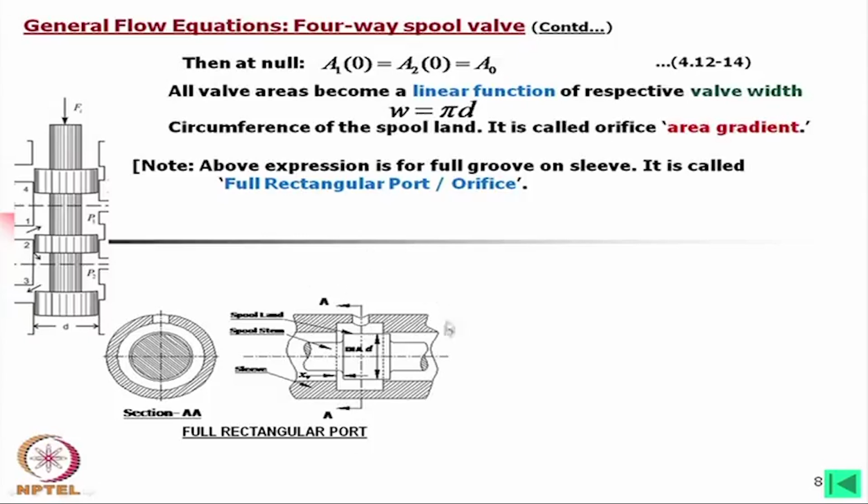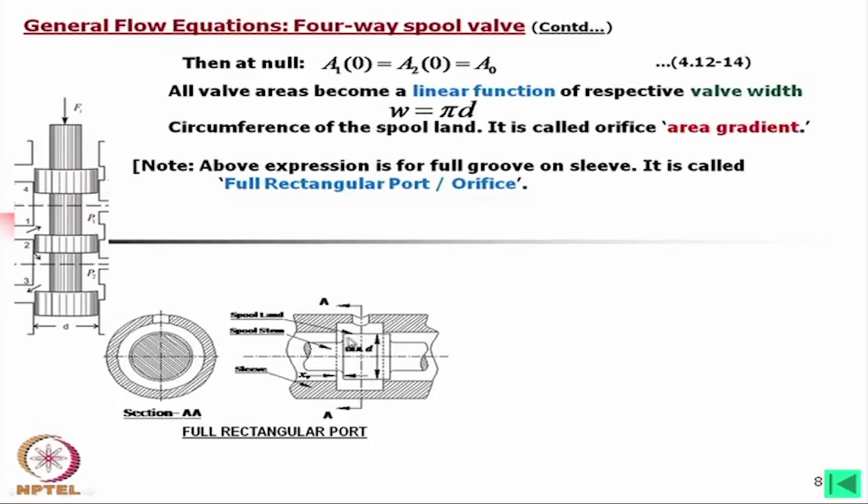Do you understand this? Inside this we have a groove like this. Due to this we have got this view, we have a groove, and there is a small clearance.